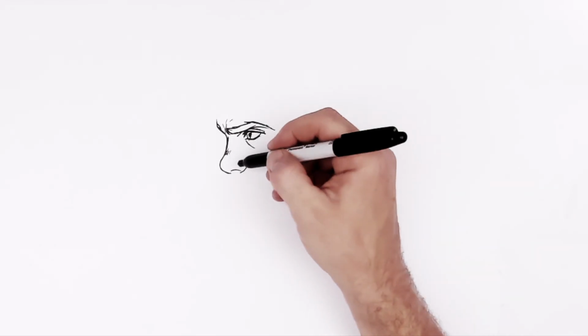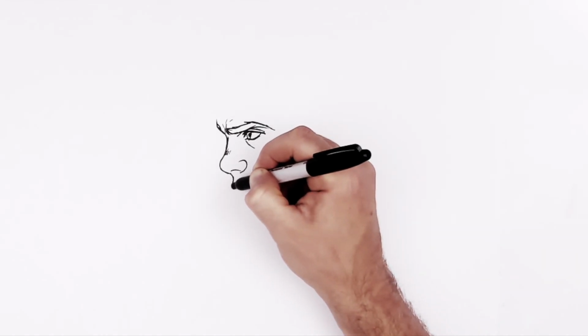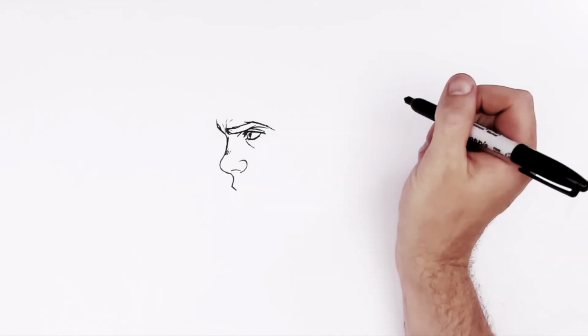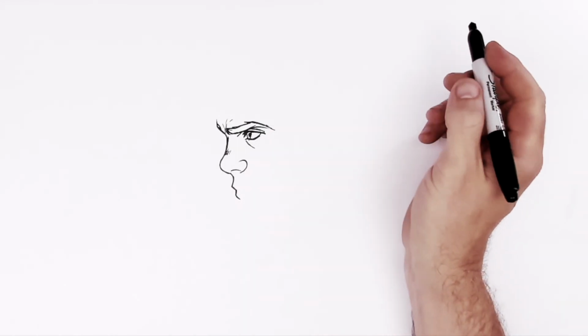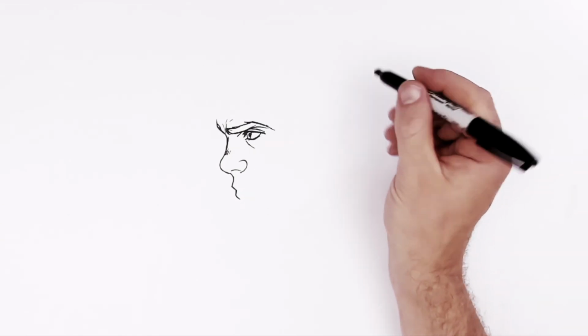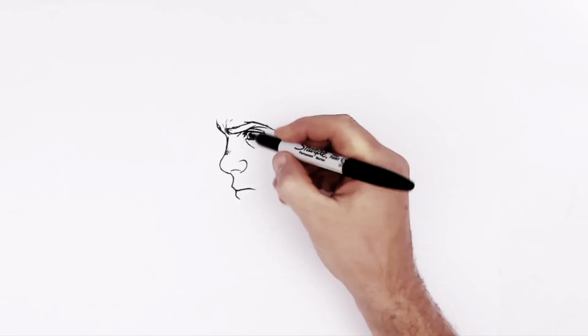So coming down from this nose curvy area, we go out and in for his top lip, out and in for his bottom lip. And he's just doing this serious sort of downturned mouth line there.